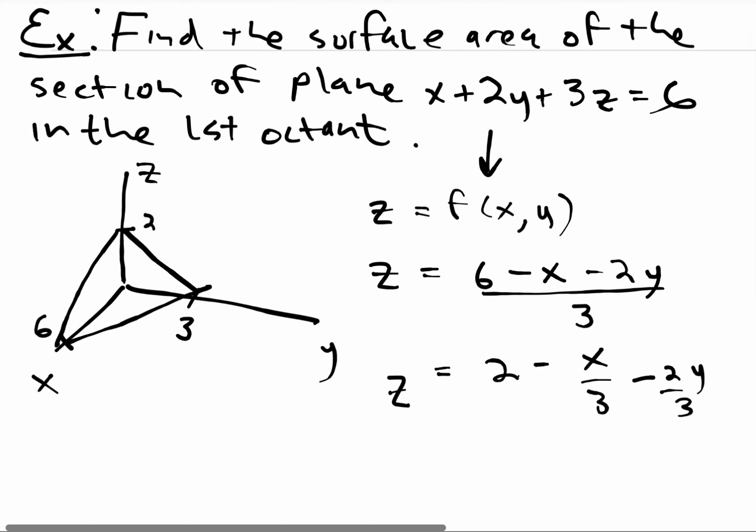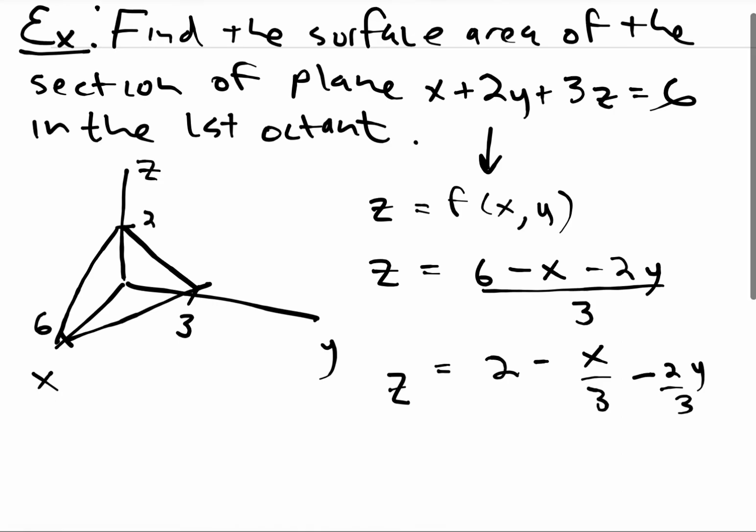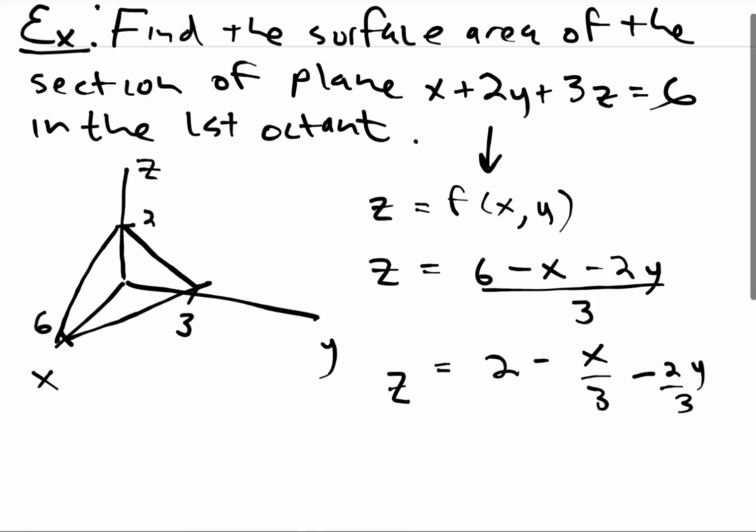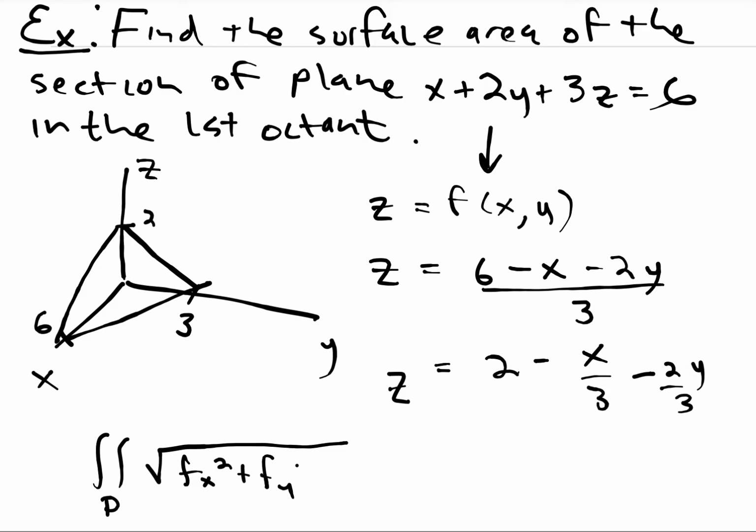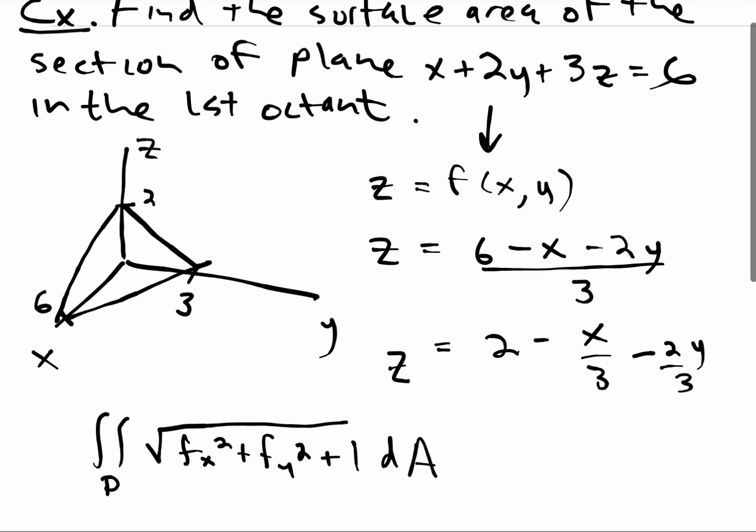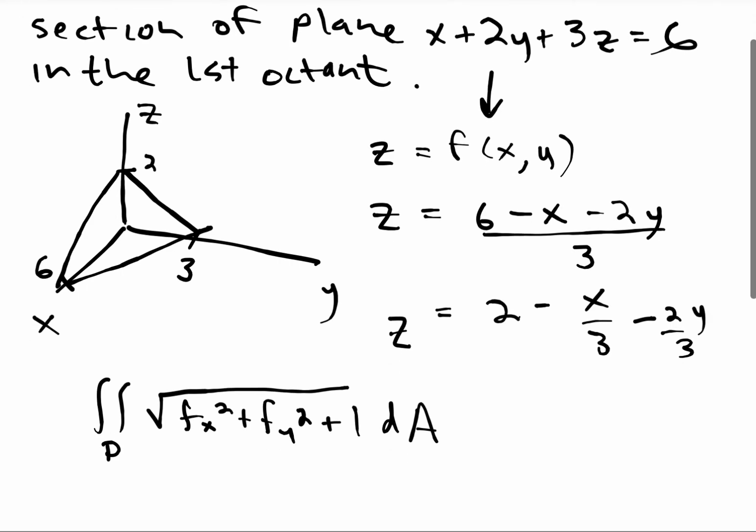And what I said that we could go ahead and do is, if I wanted to think about setting up my formula this time as just my square root of my x partial squared plus my y partial squared plus 1, all I need is to figure out what collection of xy values this thing lives on.